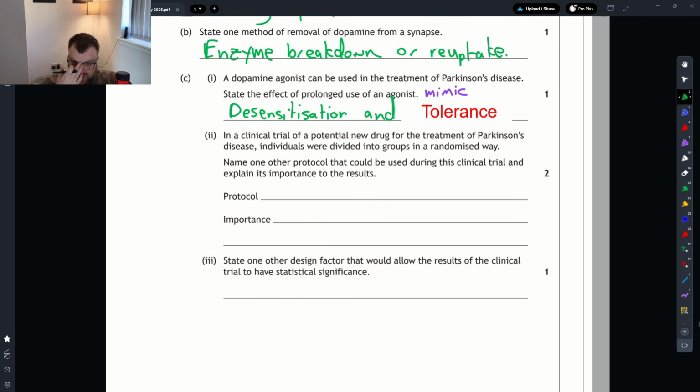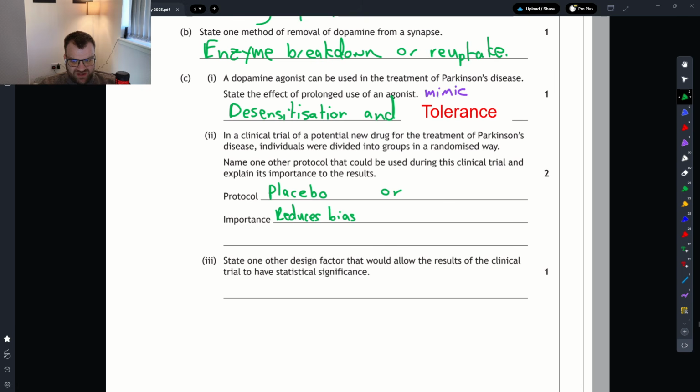Random grouping, another protocol. It's drugs, so we can give placebo. So with placebo, that's going to reduce the bias. If people are going into a clinical trial and they know that they're going to get a drug or not get a drug, well, if you don't get given anything, you know you can't have had the drug. Whereas if you're given a placebo pill or the drug, you don't know which one you've got.